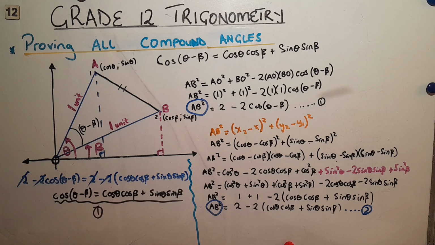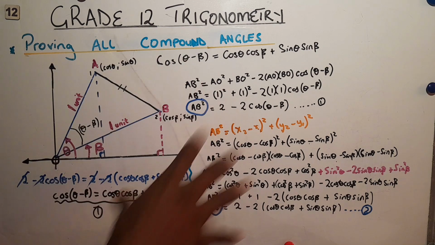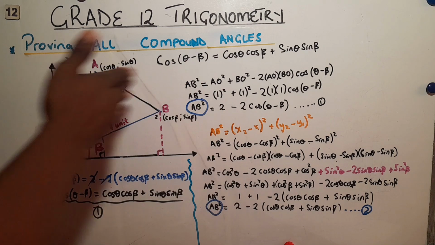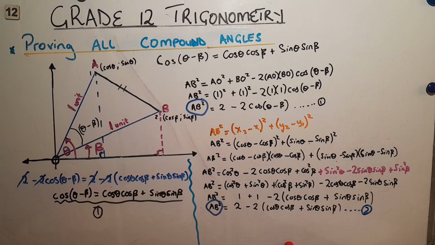Most of the times in the exam room, they won't test you on how to prove this one, right? Because you can see that it requires a lot of things. It can waste your time, but nevertheless, just know how to prove this. It's just way too cool to know how to prove this.